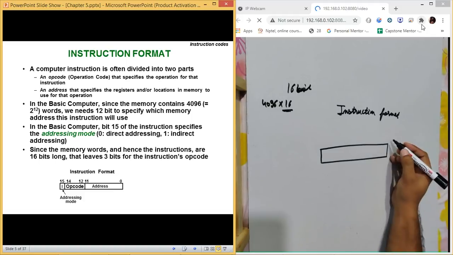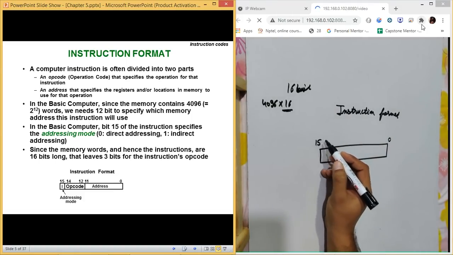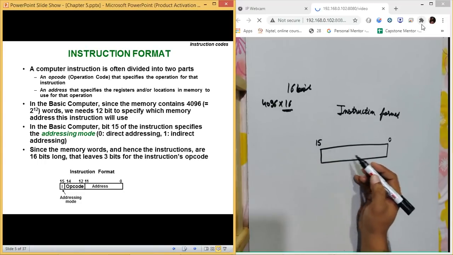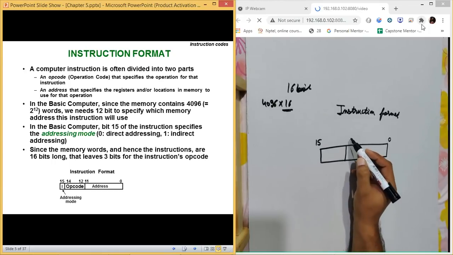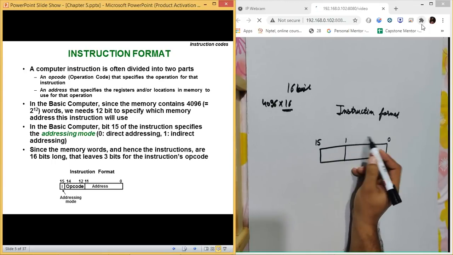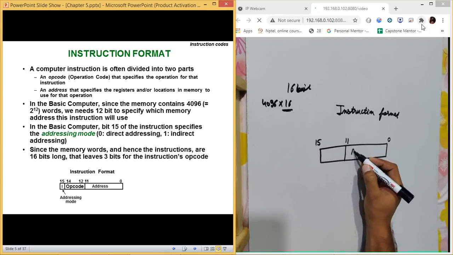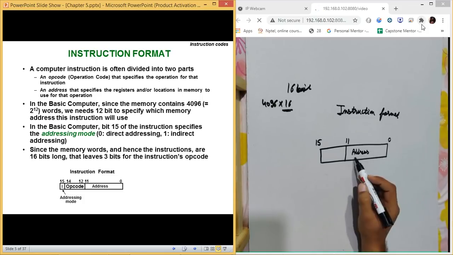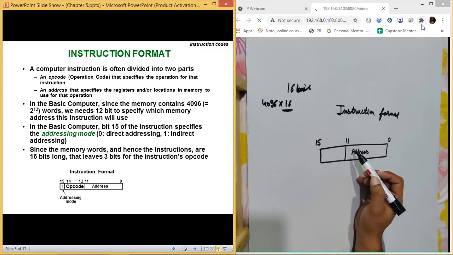If this starts from 0 and ends at 15, there are 16 bits. Bits 0 to 11, meaning a total of 12 bits, are reserved for the address.